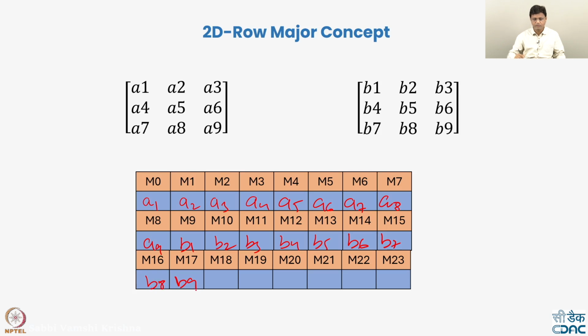This way the two matrices will be stored in the memory locations if you are using the row major concept.